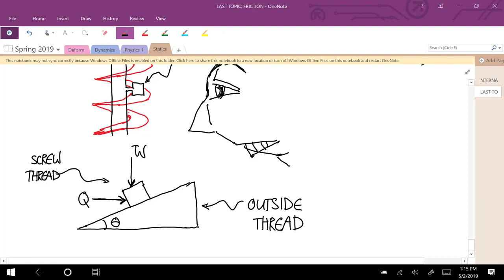And what we're going to figure out is the force Q required to make this block slide up the ramp. What we're really calculating is the force Q required to make that screw start to turn up the outside thread.